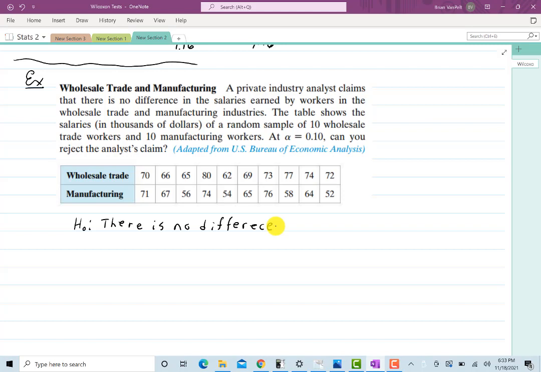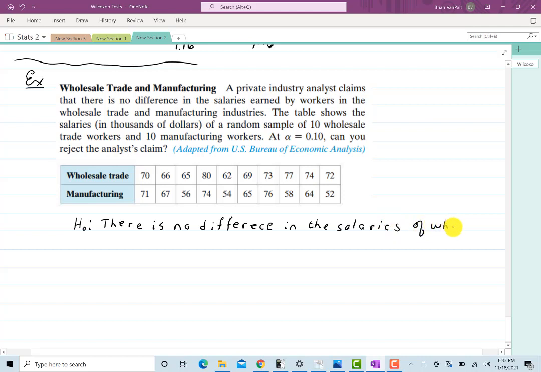So there's no difference in the salaries of wholesale workers versus manufacturing workers.